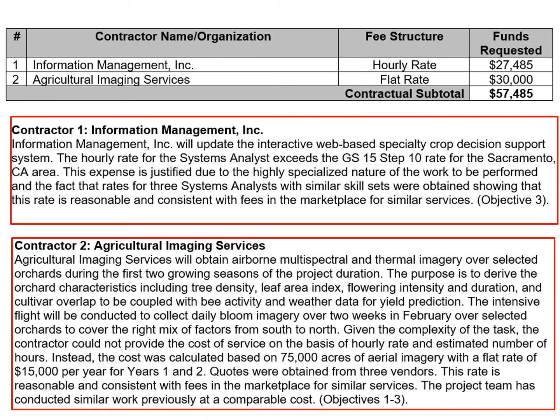The justification for contractor 1 explains why a salary at or above the GS 15 Step 10 is appropriate. The justification for contractor 2 details why a flat rate fee structure is used. Keep in mind that this is a general example, and ensure you provide accurate detail, thoroughly justifying your contractual expenses.